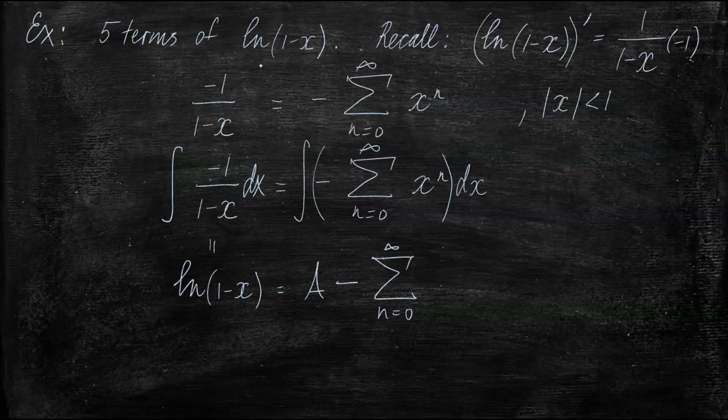And then the integral of x to the n is going to be x to the power n plus 1 over n plus 1. Now, to find a, we're going to plug in the center of the series into the function. So in our case, the function is ln of 1 minus x. So f of 0 is going to be ln of 1 minus 0, which is ln of 1, which is 0. So we don't really have to worry about this constant of integration.